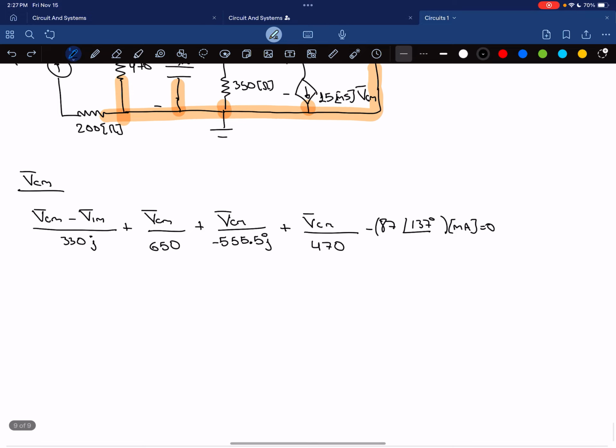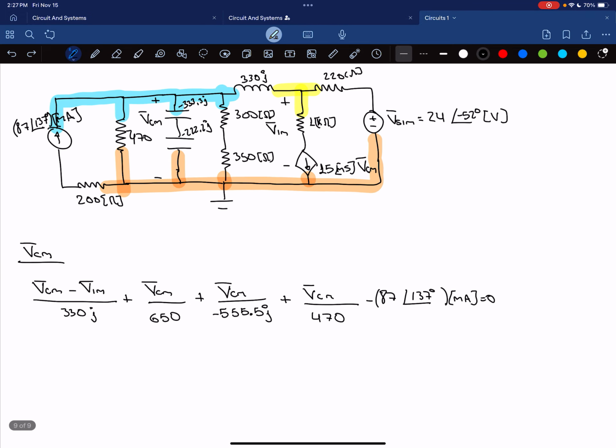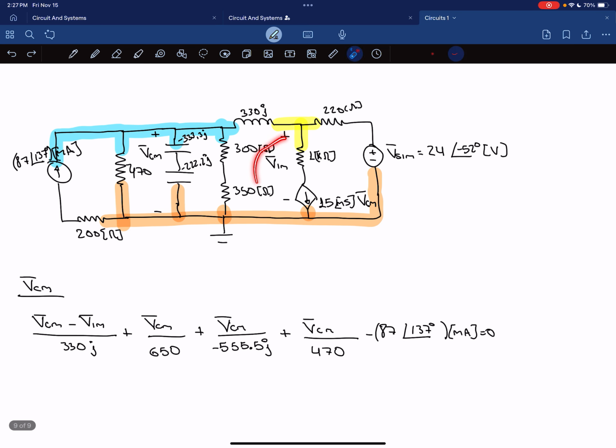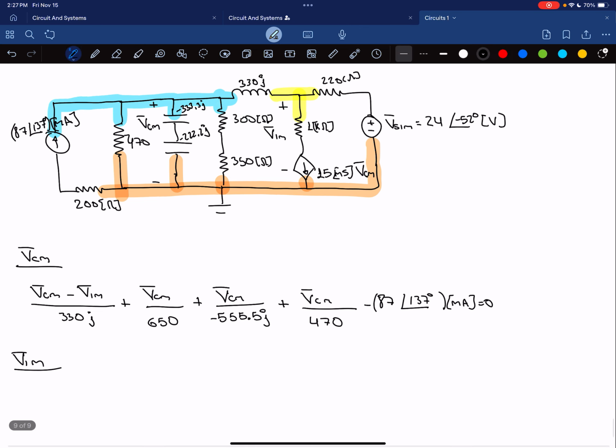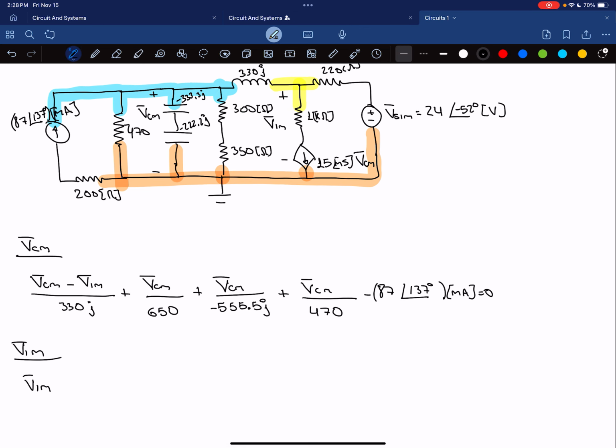So now for the second equation, we know that the other essential node is B1M. So we're going to do the equation for B1M. So let's do B1M minus BCM over this, right? So we're starting with this part of the current going out of that node. So B1M minus BCM over 330J plus, what else do we have here?